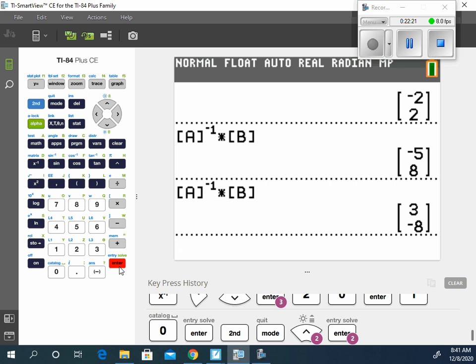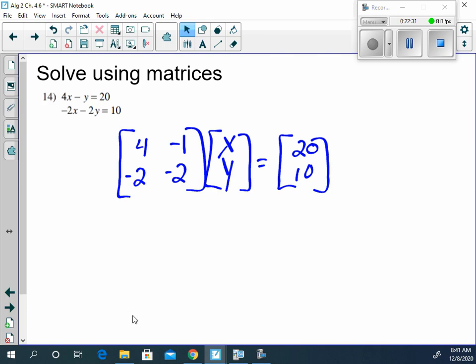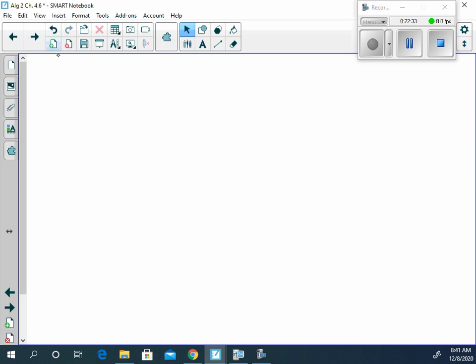Could you increase it by like 3 by 3? Yes. So we need a new page. Let's see here. It's not going to give us one here.